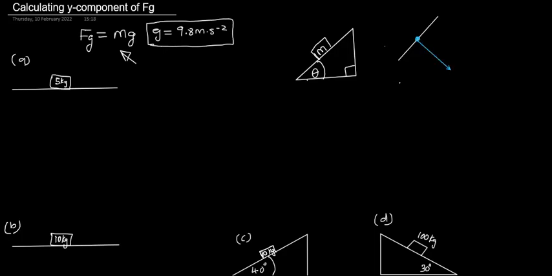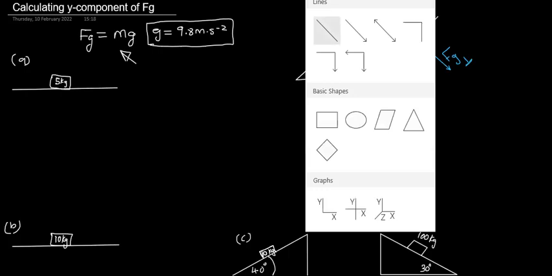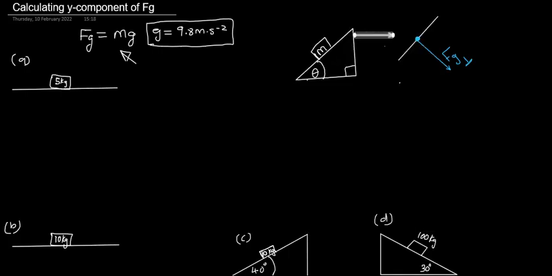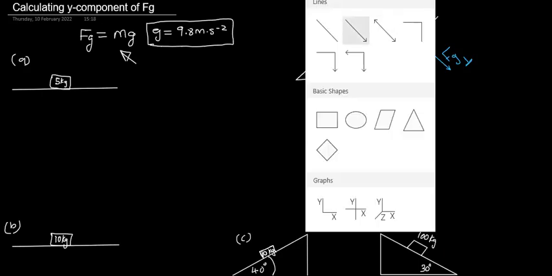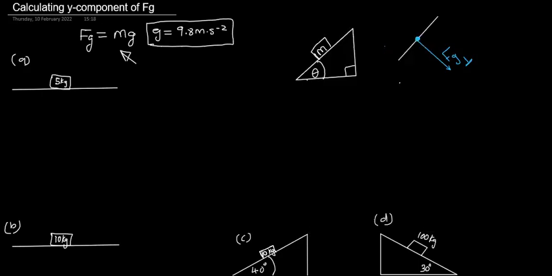The line perpendicular to the surface, we can label it, that's the Fg perpendicular. Then afterwards you're going to draw a line again, and this line is going to be parallel to the page.